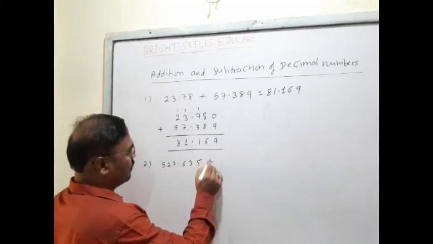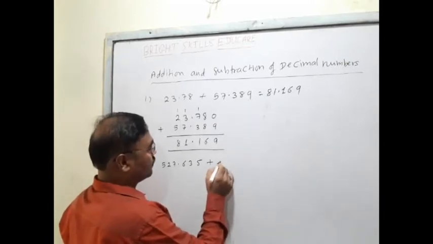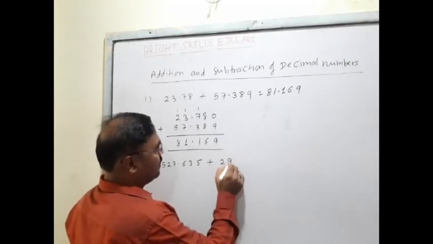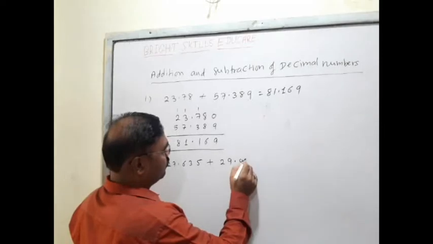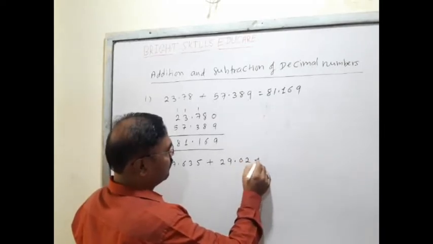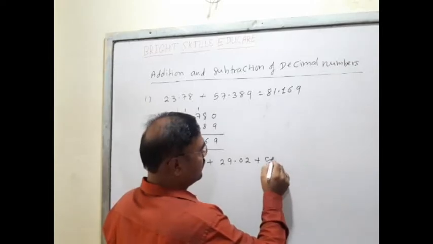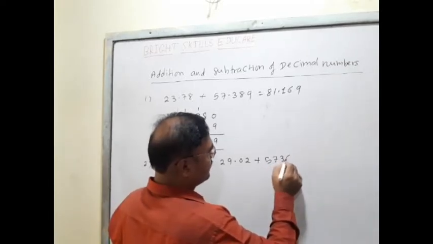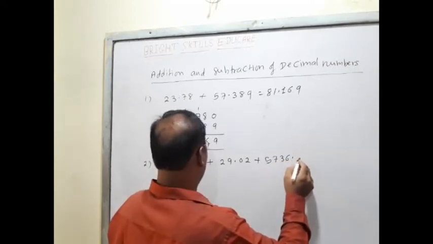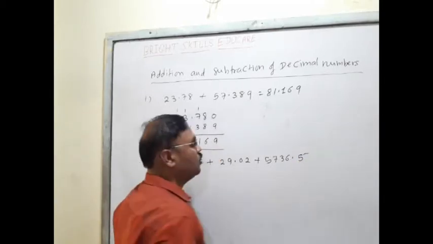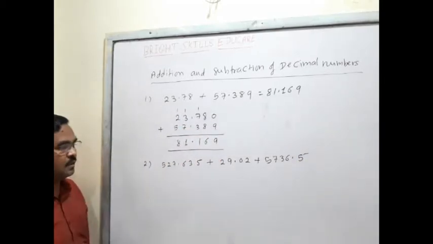$527.635 plus 29.02 plus 5,736.5. You have to add all these three numbers.